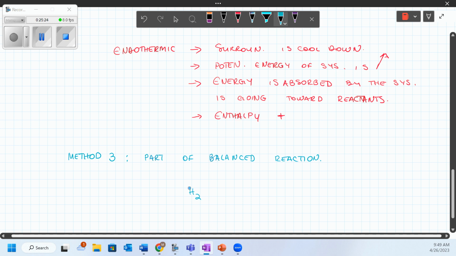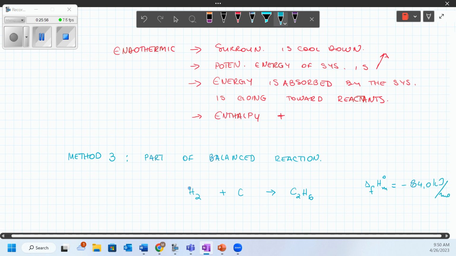Ethane, when you see it in your data booklet, is a formation from hydrogen and carbon, and they are forming together C2H6. From the data booklet, the molar formation at standard condition is negative 84.0 kilojoules per mole.